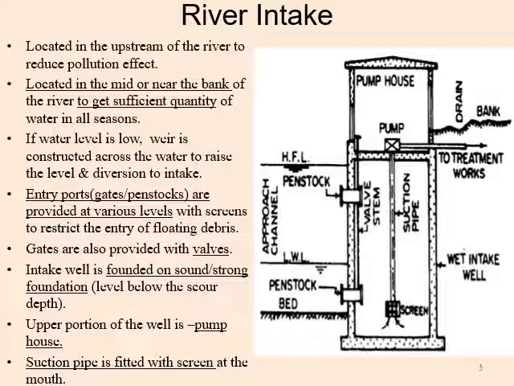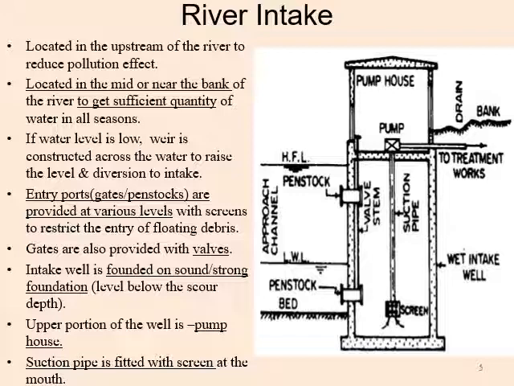If the water level is low, a weir is constructed, a hydraulic structure. It is constructed across the river, across the source, means across the water flow, to raise the level and to divert the water to the intake structure.